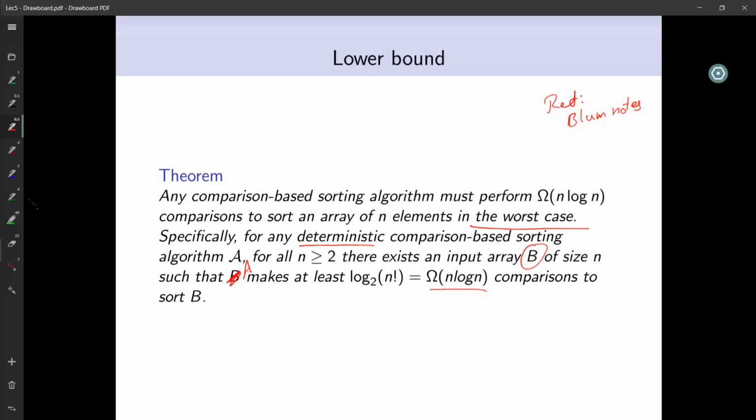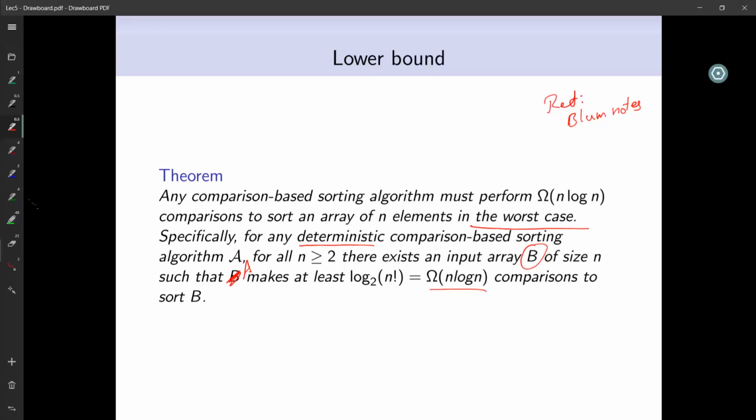So this is the worst case model. In the worst case model, when you say an upper bound, it holds for all inputs. When I say a lower bound in the worst case model, the lower bound holds for at least one input. That's how it is. So you could have a comparison based sorting algorithm which performs only order n operations for almost all inputs except just one array.